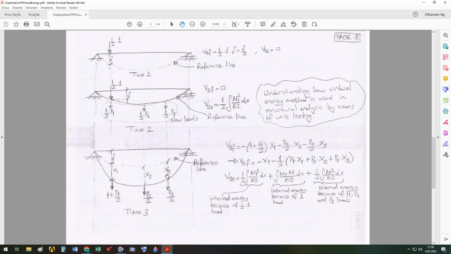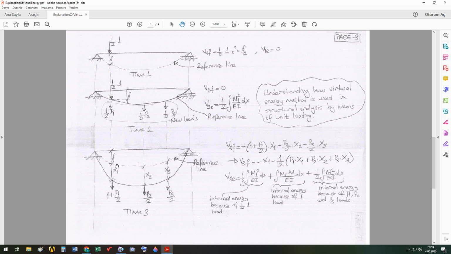Now, when the beam came to that equilibrium condition, first of all, because of one unit statically applied load, its average value is, because of this part, only this part, we have the internal stored energy of that one. Okay? Which is same as that.